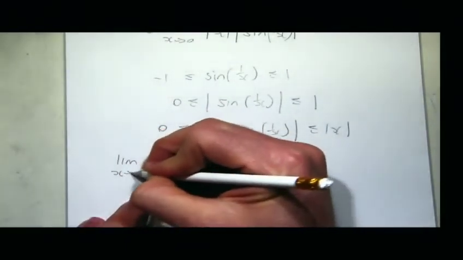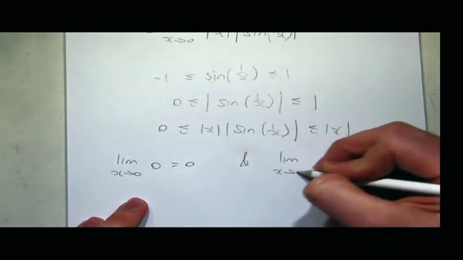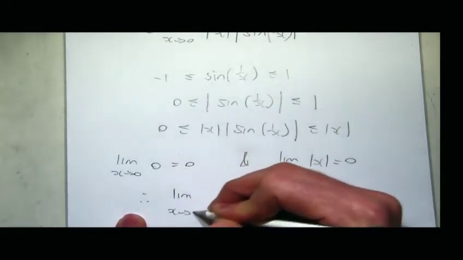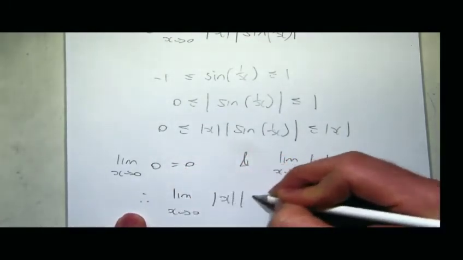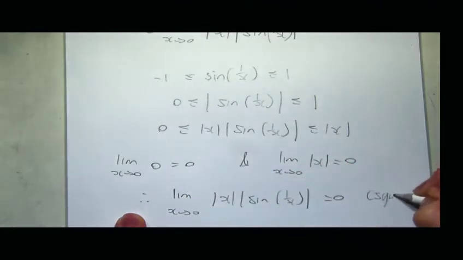The limit as x goes to 0 of 0 is 0, and the limit as x goes to 0 of mod x is 0, and so therefore the limit as x goes to 0 of mod x sine 1 over x is 0 by the squeeze theorem. So they're all roughly the same, there's just a little quirk somewhere in the middle that you have to deal with. So I'd imagine that would be worth possibly 2, possibly 3 marks, but only one of them is for that quirky bit.